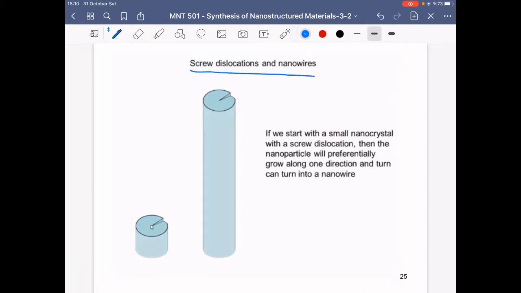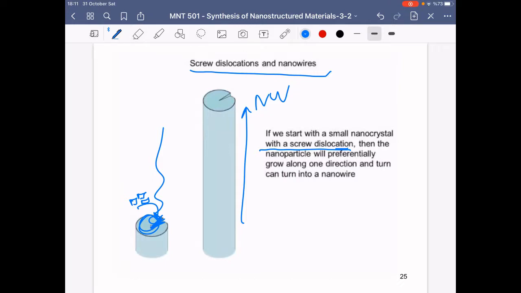Screw dislocations are used to grow nanowires as well. If you manage to create your dislocation here, those new atoms that come from your solution will always go and make this grow, which will turn out to be a nanowire. If we start with a small nanocrystal with a screw dislocation, then the nanoparticle will preferentially grow along one direction and can turn into a nanowire.